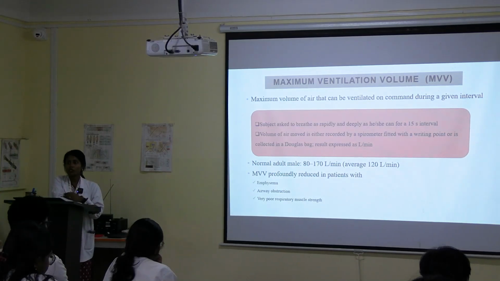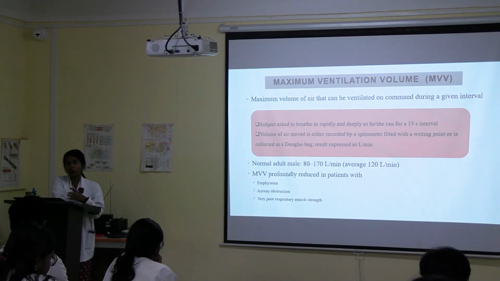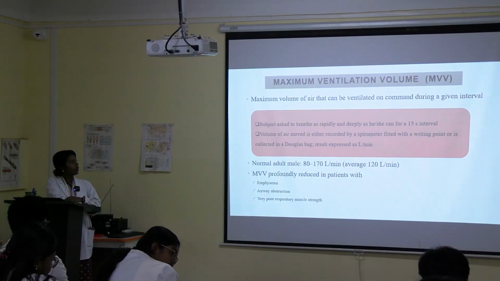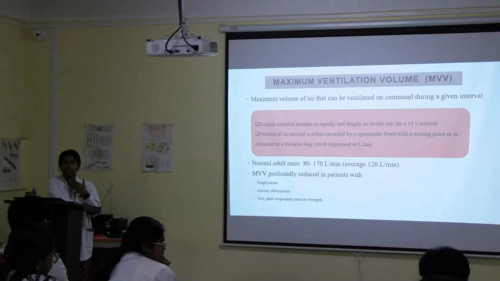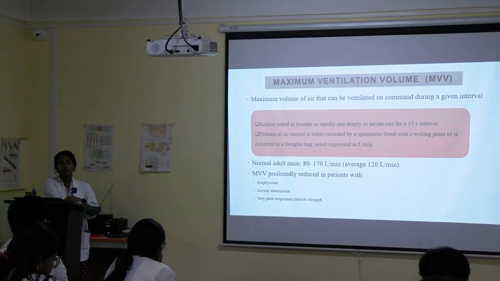If you tell more than 15 seconds, it will be very difficult for the person to do it. You will feel dizzy and there will be air washout of carbon dioxide, right? So only 15 seconds you will tell him to do, maximal inspiration expiration at the interval of 1 second.